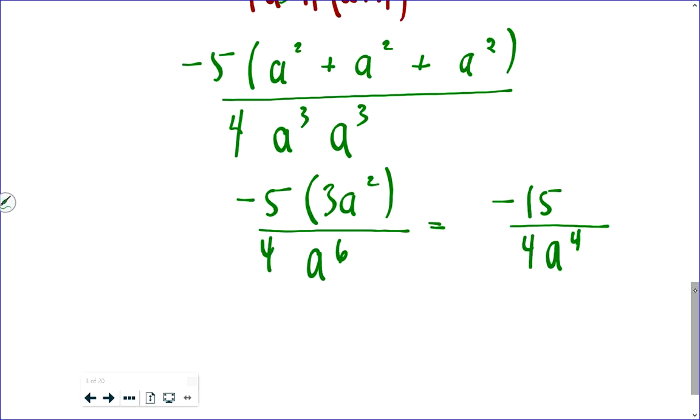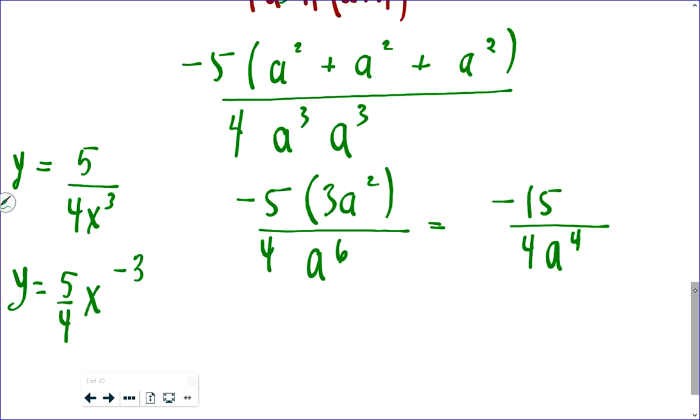Now, just a second, though. What was the function? Was the function y equals 5 over 4x cubed? Would you agree that's the same as saying 5 quarters x to the negative 3? Yeah.